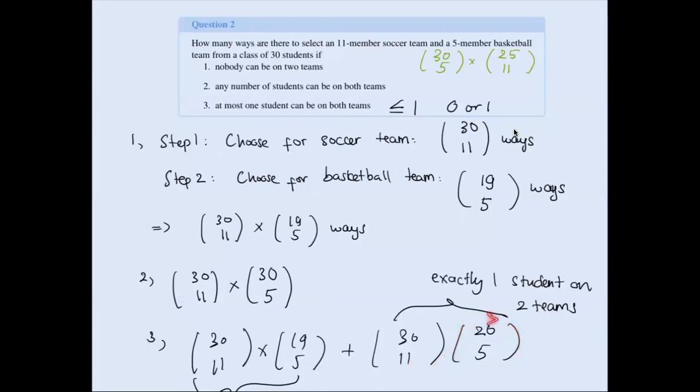But does it guarantee that there will be someone from the soccer team included in those 5? If you do 20 choose 5, is there a guarantee that exactly one student from the soccer team is also in basketball?